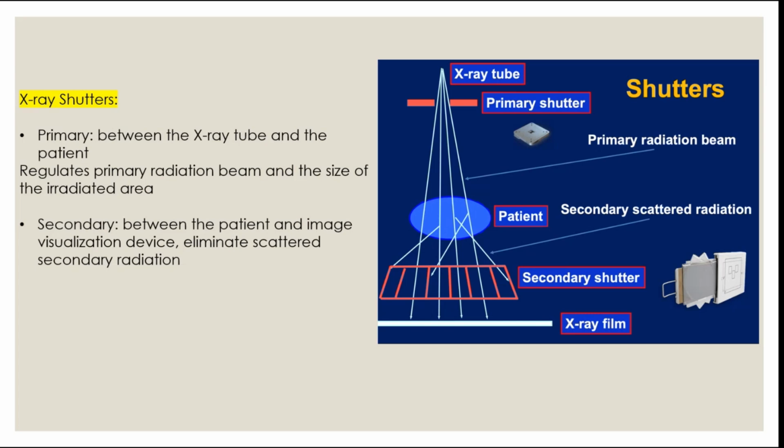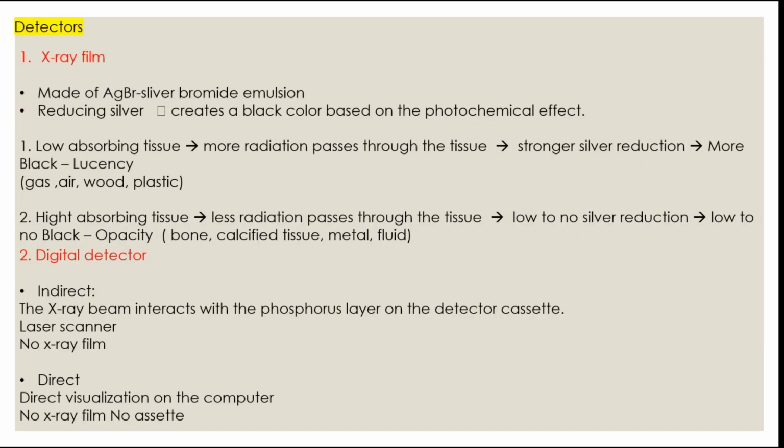Then the blue one is the patient, and the secondary shutter will eliminate any scattered light that we don't want and only focus the X-ray beams that we want to form on the X-ray film. We can go to the next one.